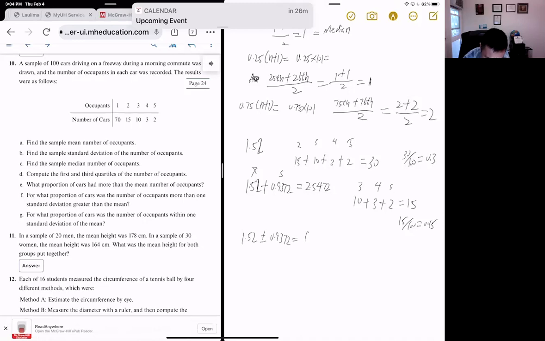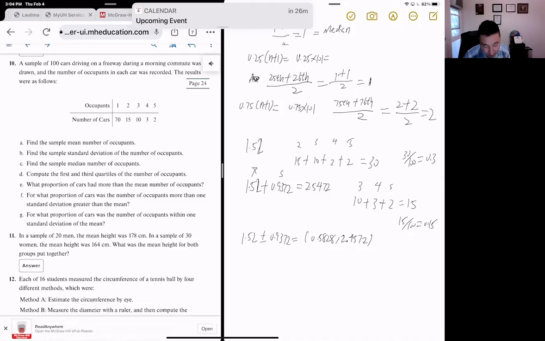Within that range, between 0.58 and 2.45.